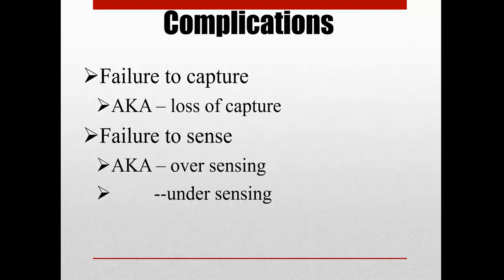Failure to sense occurs when the pacemaker oversenses or undersenses the patient's intrinsic electrical activity. And failure to properly sense can result in the patient being paced when they have an adequate intrinsic rhythm, or the patient not being paced when their rhythm or rate are too low.